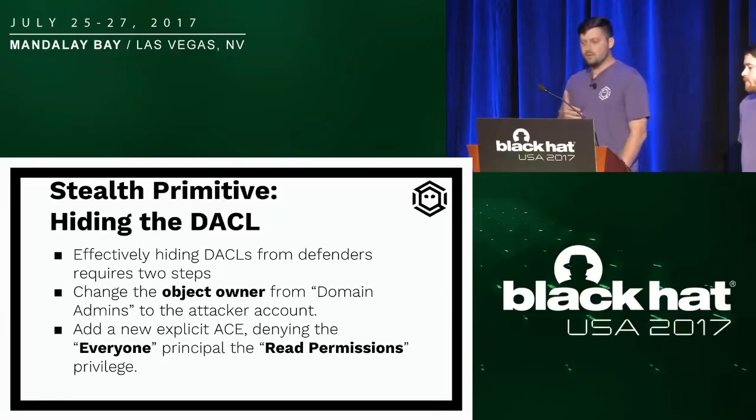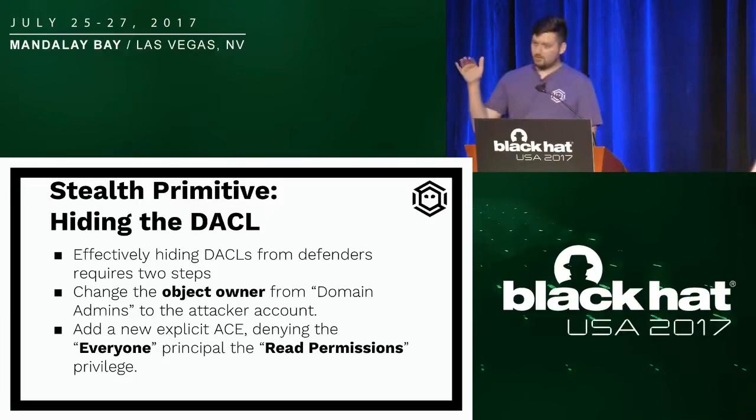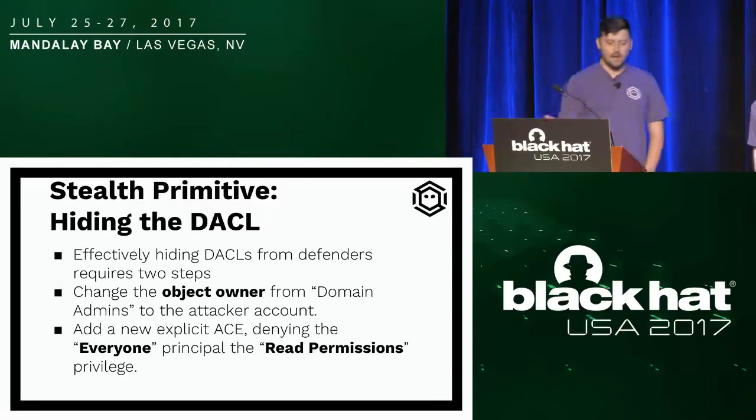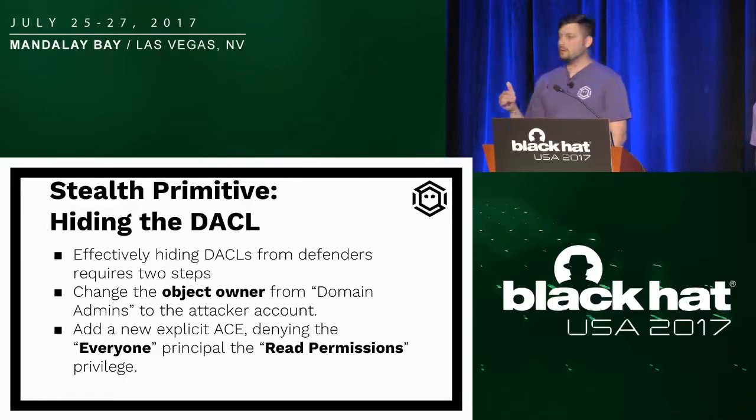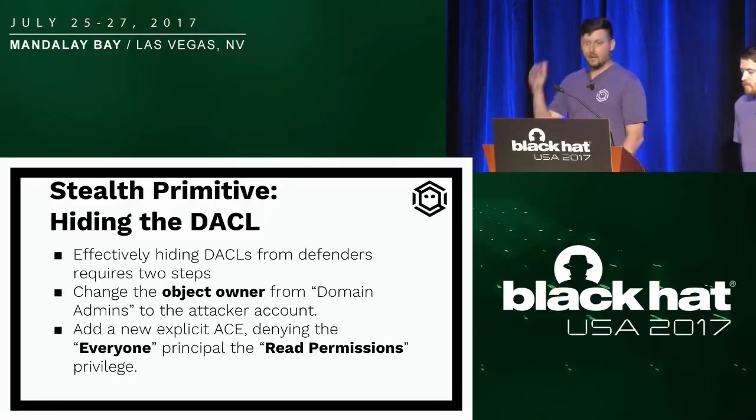And then I need to add a new explicit deny ACE, which is going to override everything else. Remember that SRM inheritance? Yep. What I'm going to do is, for the everyone principal, say they are denied read permissions. So now if you use AD ACL scanner, or if you look in ADUC, you're not going to be able to even read the DACL on the affected object.